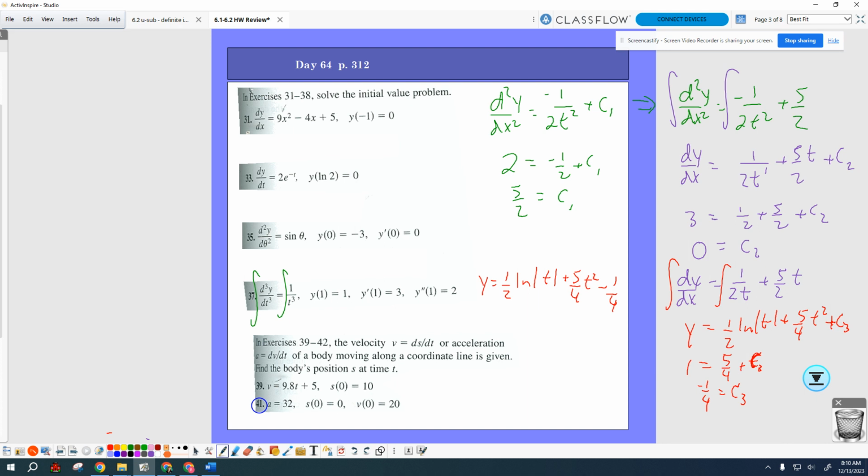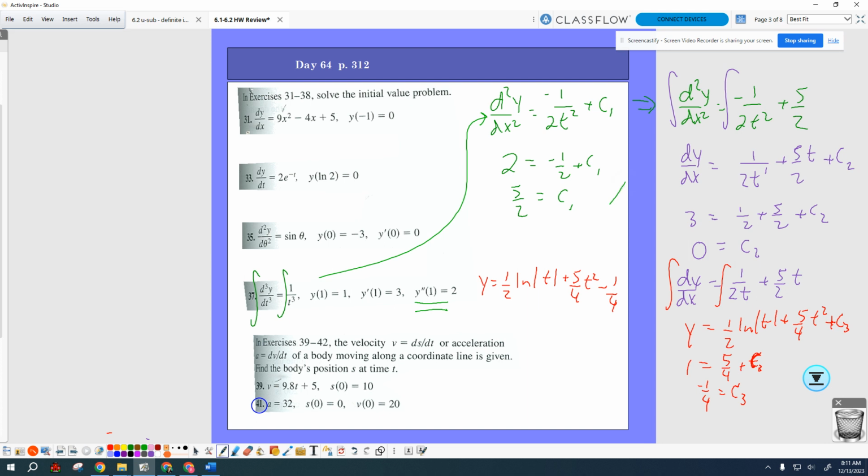Integrating the triple derivative: raise the power, divide by the new power, add a constant. Then it gave me the value of the double derivative at 1 is 2, so replace the y value and the time value, solve for that constant.